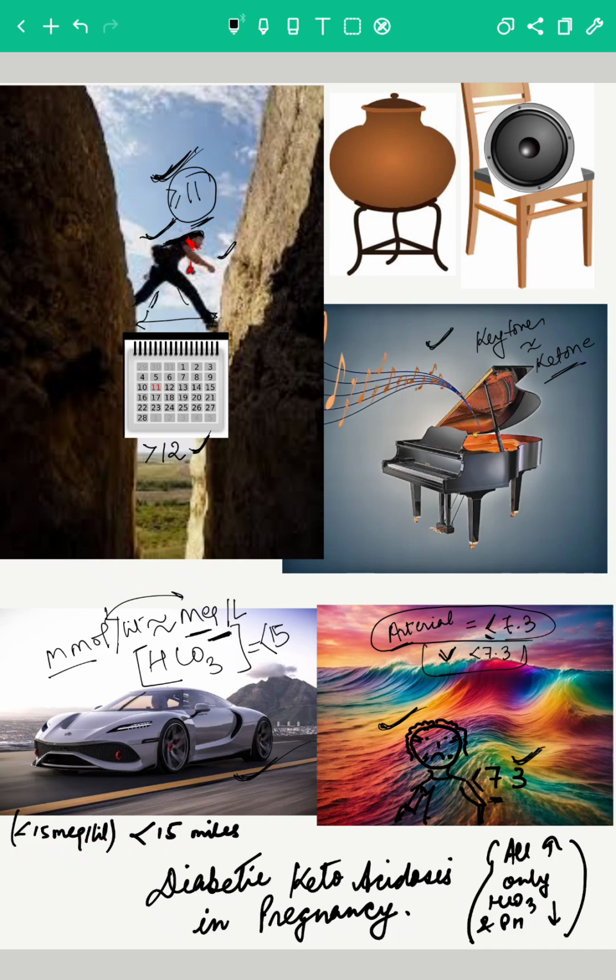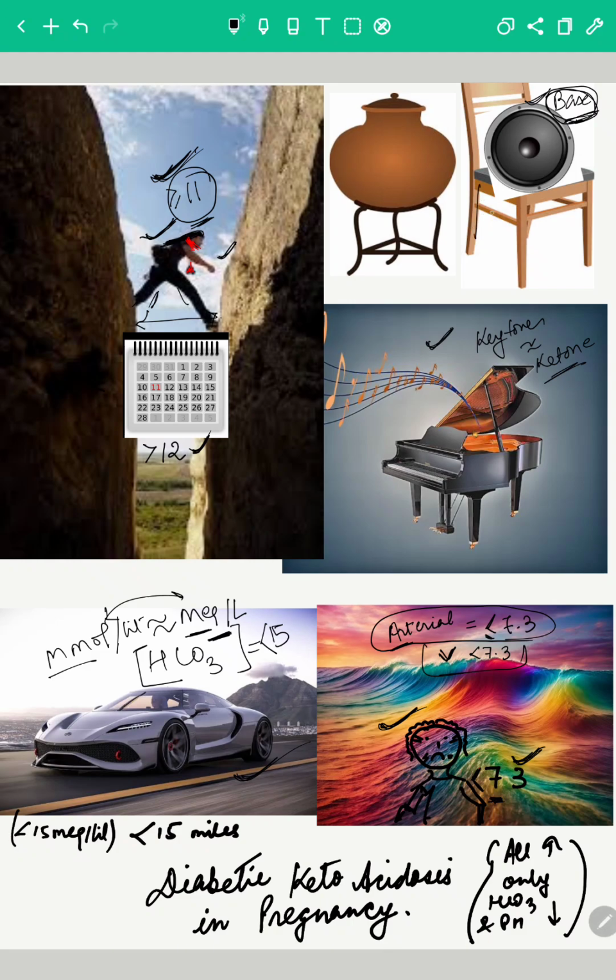Now, two more interesting things we have to remember about the investigations for DKA. This lady is very, very fond of bass. So she has a base deficit. Why base deficit? Because it's a case of acidosis. That means the bases have to be less. Wherever there is acidosis, the base goes down.